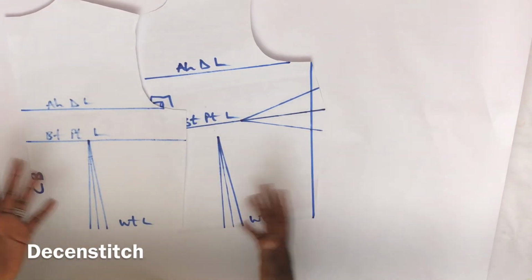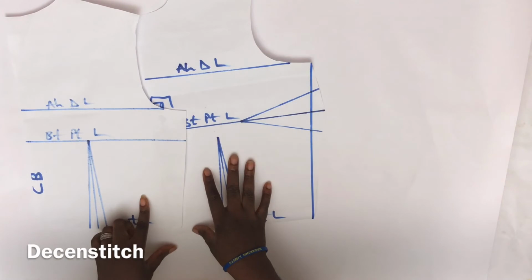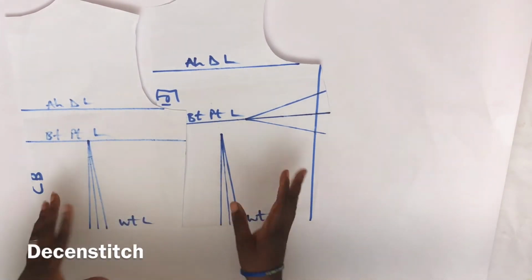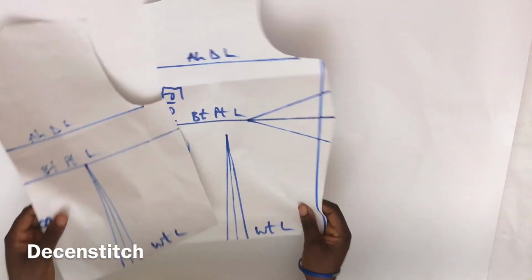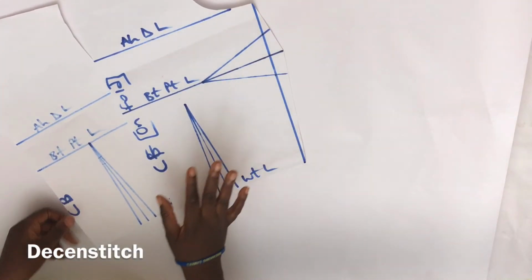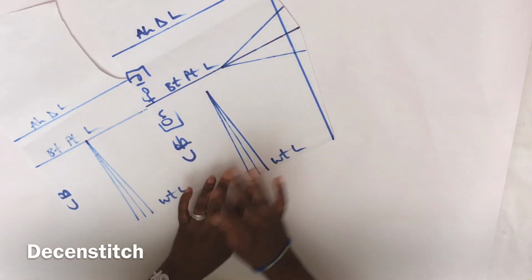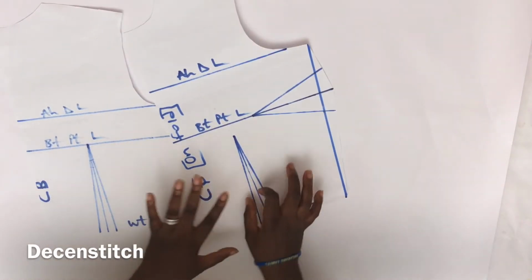So the difference between the pattern I explained in my how to make a bodice video is that there is no seam allowance or any allowance. The only things I have here are my darts, the waist dart and the side dart.